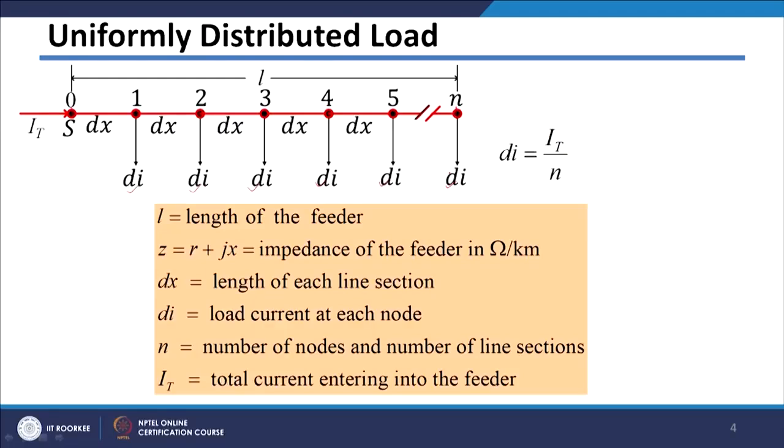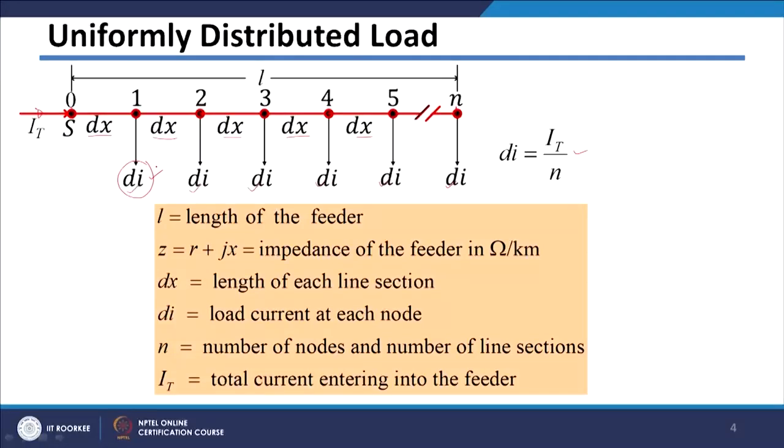In this case there are uniformly distributed loads at equal distances dx, dx, dx. If there are N sections, then Di in one section will be equal to IT divided by N. IT is the total current input to this feeder. So, IT divided by N gives Di, which is the load at one node.